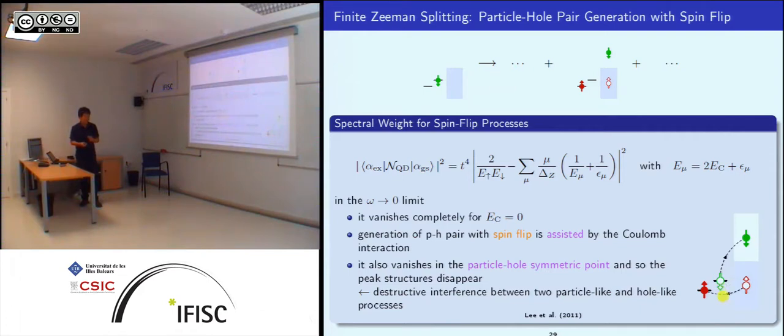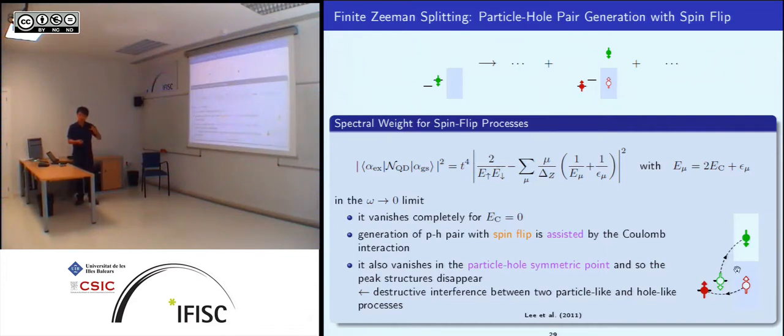Actually, there are two tunnelings, so there are two cases. Which one is first? After a reservoir electron tunnels into the Kondo dot, the electron in the Kondo dot can go out of the Kondo dot, or we have the reverse process.